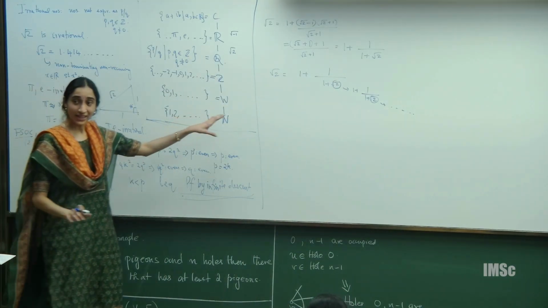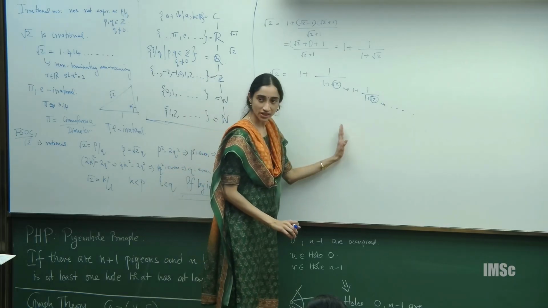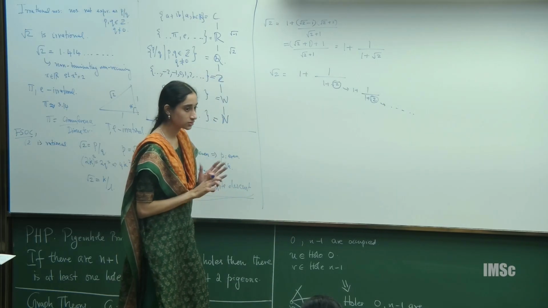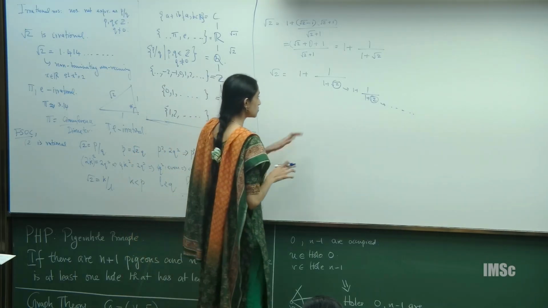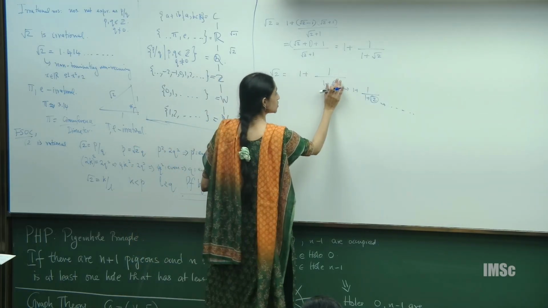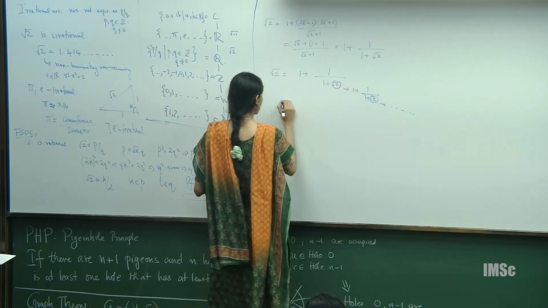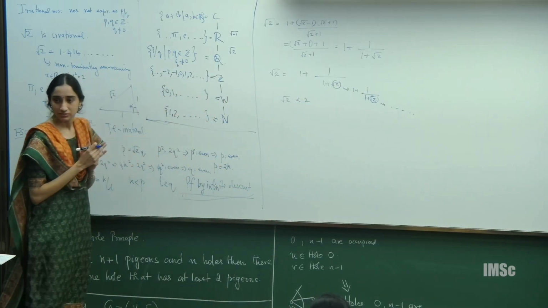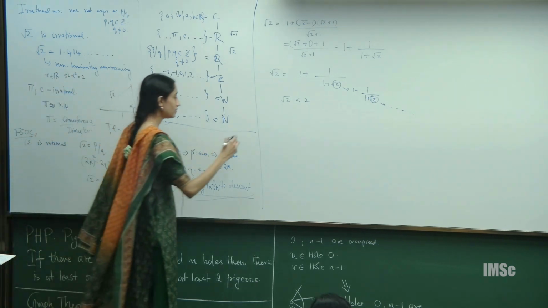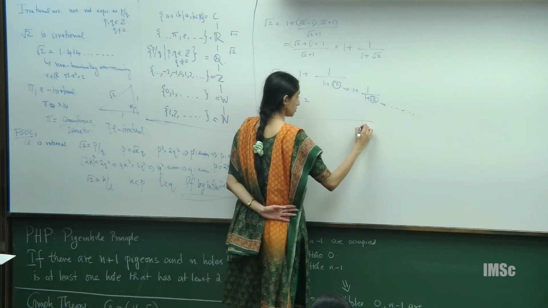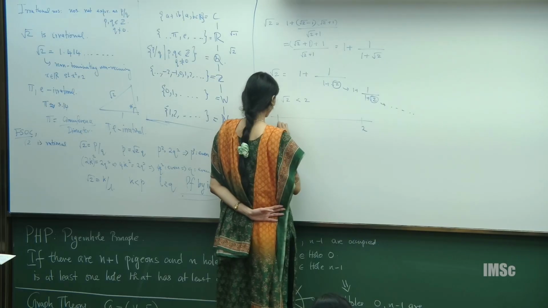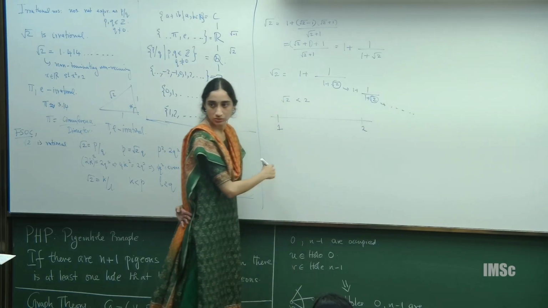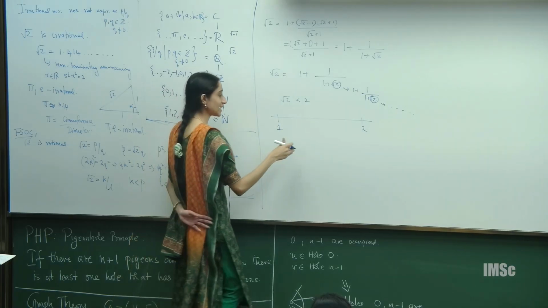Depending on where you stop, you will get closer and closer to root 2. Suppose I don't even want to substitute this root 2, just think of it. I will get something like root 2 is less than 2. I know root 2 is between 1 and 2. I don't know where exactly it is.